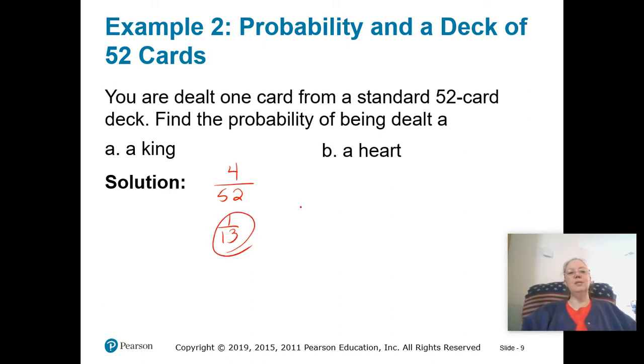So if you are randomly dealt a card from a well shuffled deck, so no cheating involved, the probability that you would draw a king is 1 out of 13. We talked about hearts. There are 13 hearts in a 52 card deck, and we simplify that, and that would be 1/4. So the probability of getting a heart is 1/4.